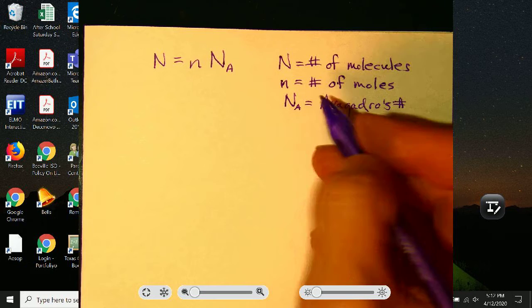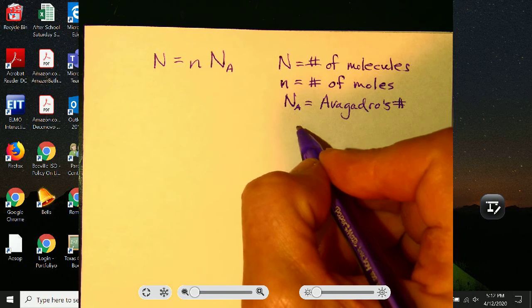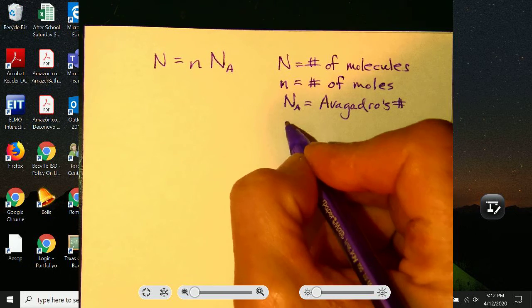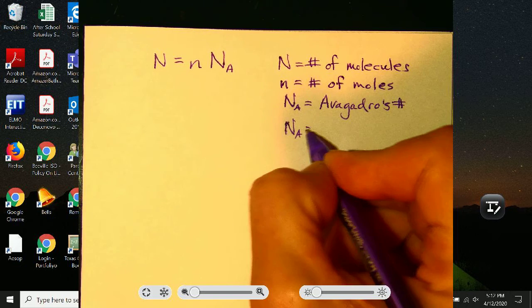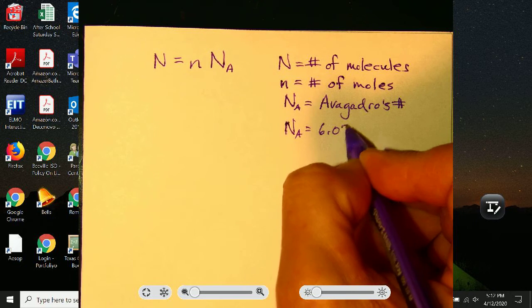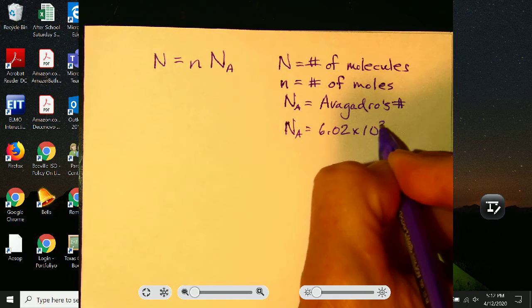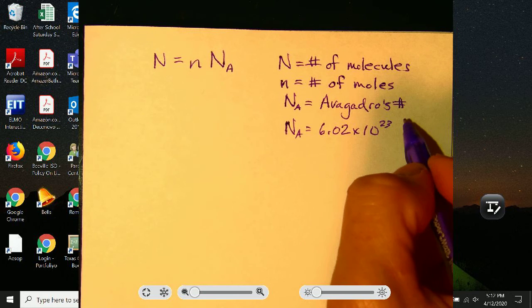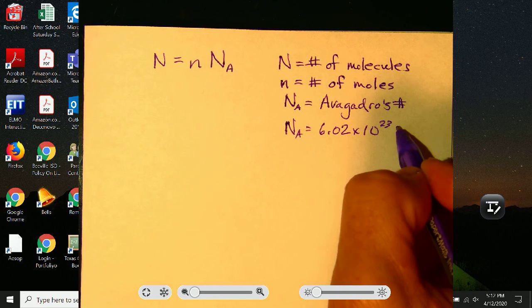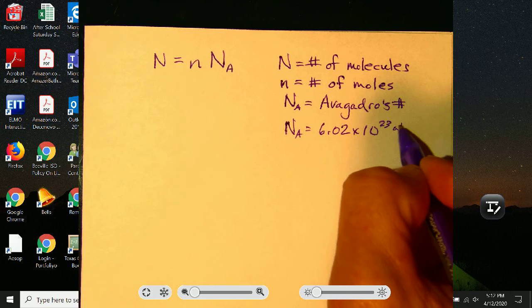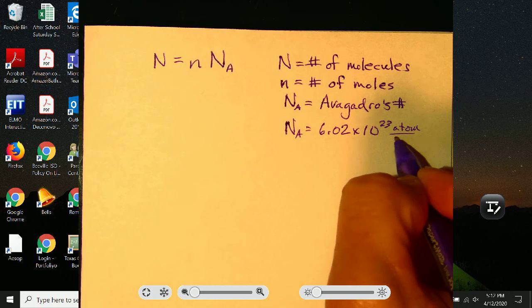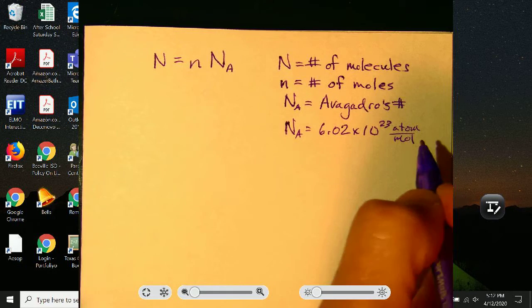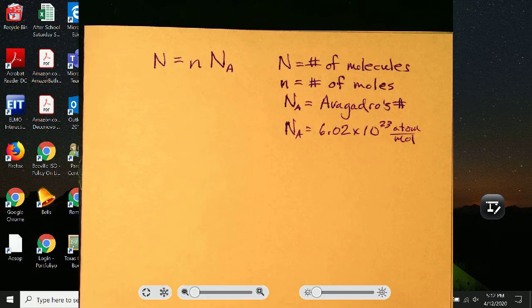If you don't remember, Avogadro's number is 6.02 times 10 to the 23rd, and it's either molecules or atoms per mole, depending on whether we're dealing with an element or a molecule.